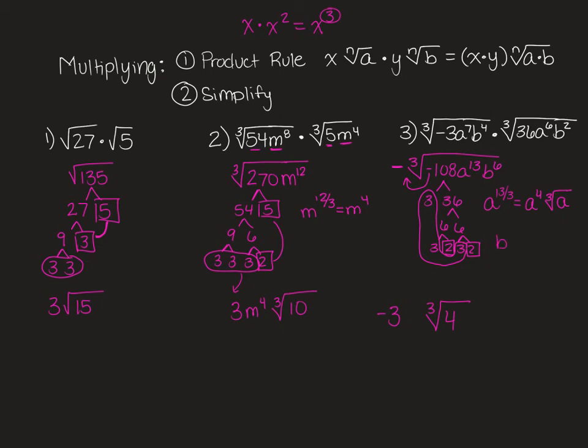Same thing with b to the 6th. If we divide that by 3, that will give me b squared evenly. So on the outside, we have a to the 4th, b squared, and on the inside, we are left with an a. So that's your final answer, negative 3a to the 4th b squared, cube root of 4a.